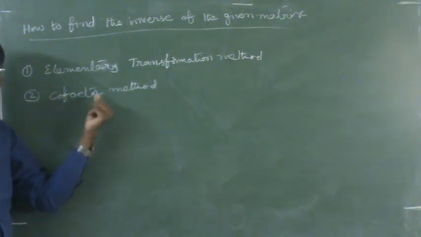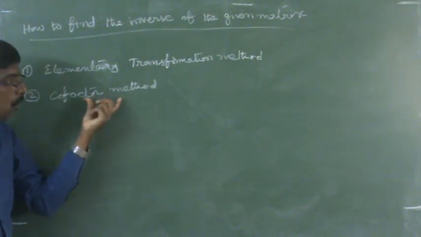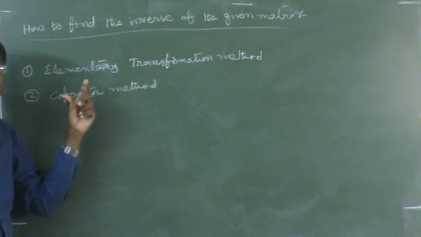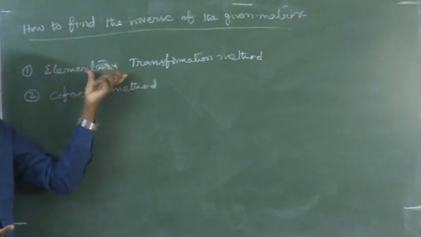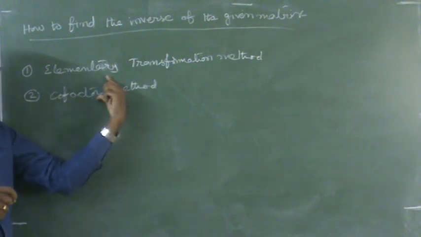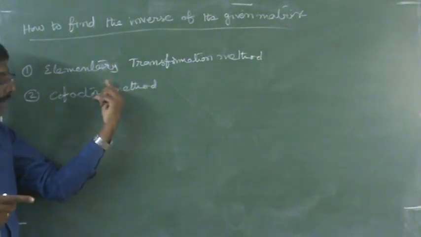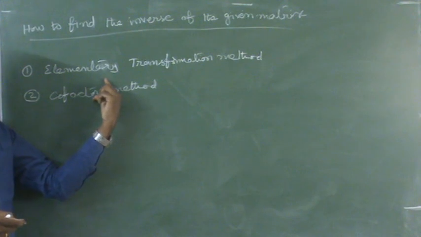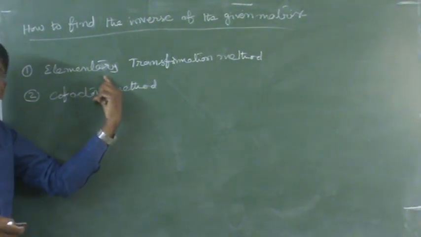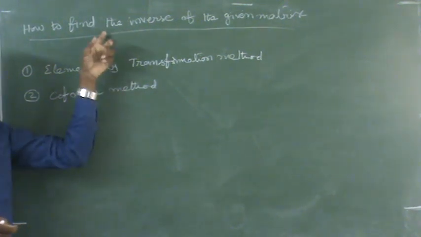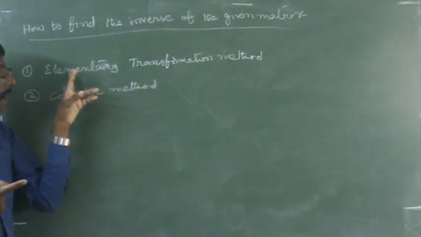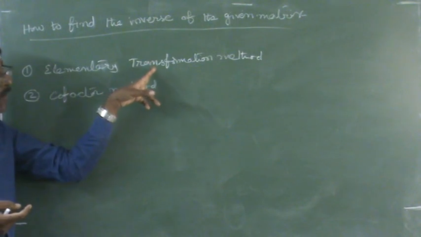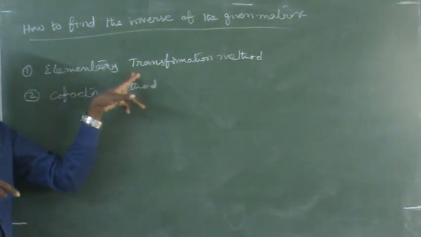The cofactor method will come in the next chapter, determinants, where we will discuss cofactors and how to find the inverse using them. The elementary transformation method comes in this chapter, matrices.